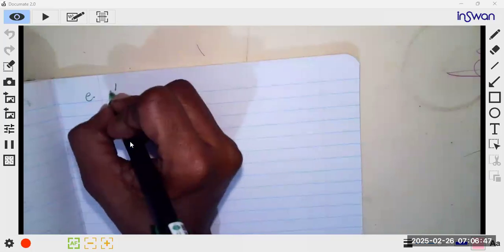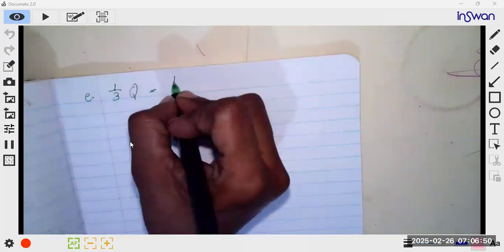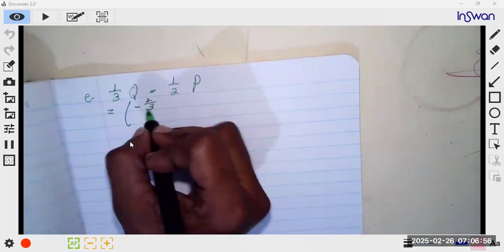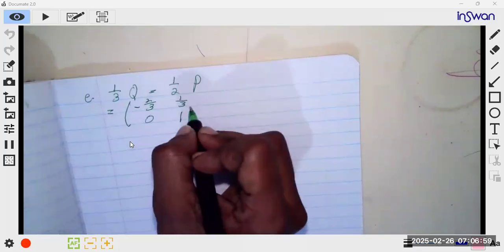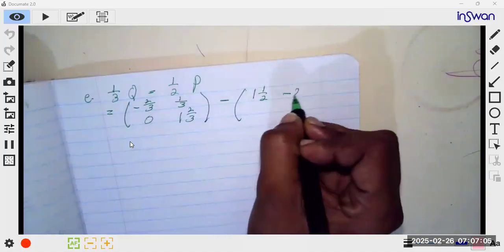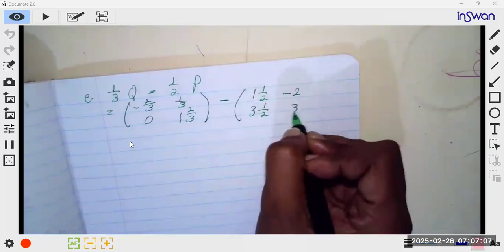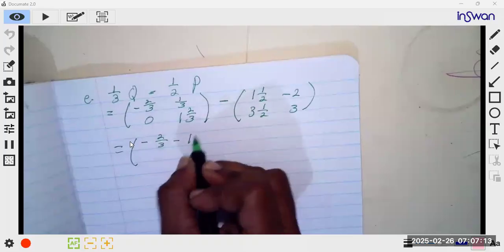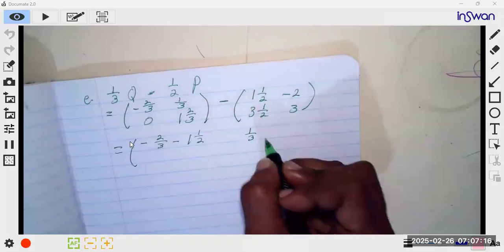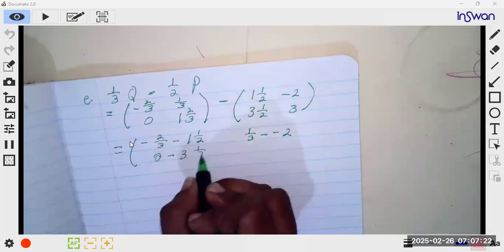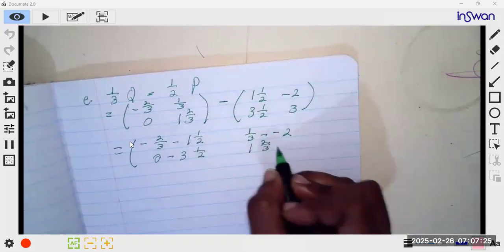So part E, a third Q minus a half P. So this is minus 2/3, 1/3, 0, 1 2/3, minus 1.5, minus 2, 3.5, and 3. So this will be minus 2/3, minus 1.5, 1/3, minus 2, 0, minus 3.5, and 1 2/3 minus 3.